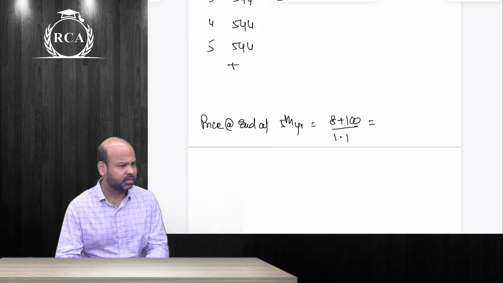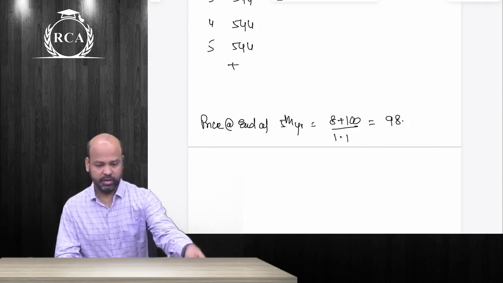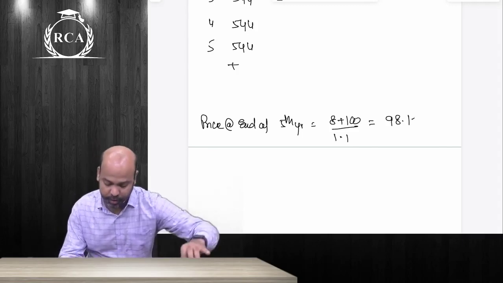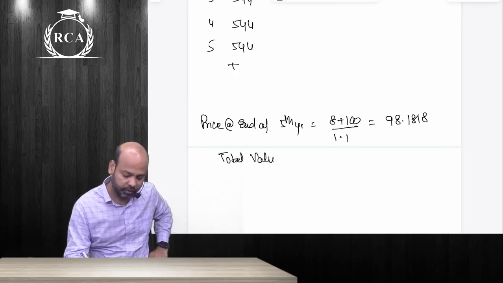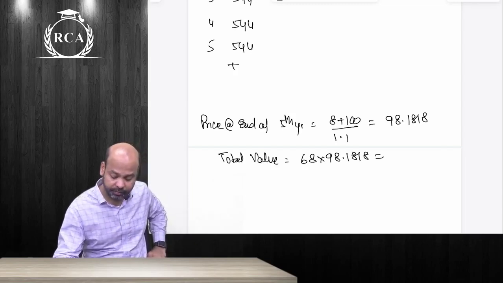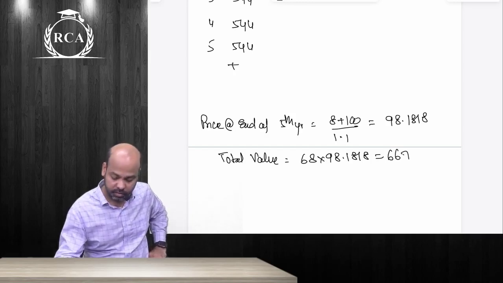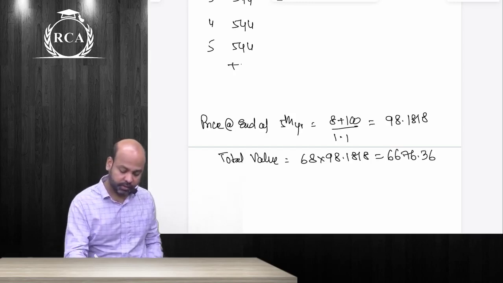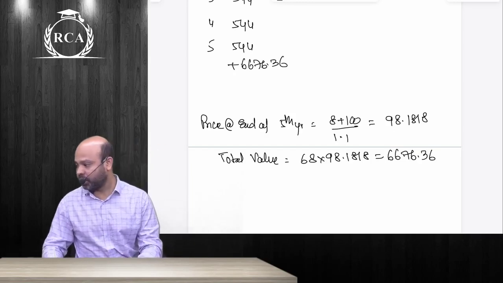That is 98.18, 98.1818, guys. Total value, beta, 68 bonds into this, that is 6,676.36. This will be the price that will prevail at the end of 5th year, guys.